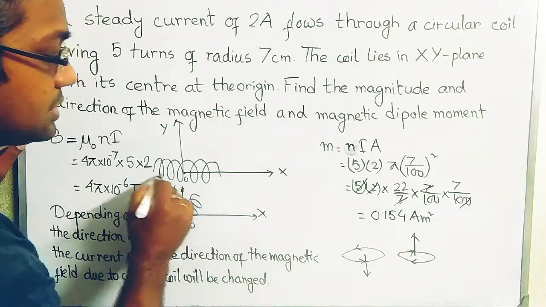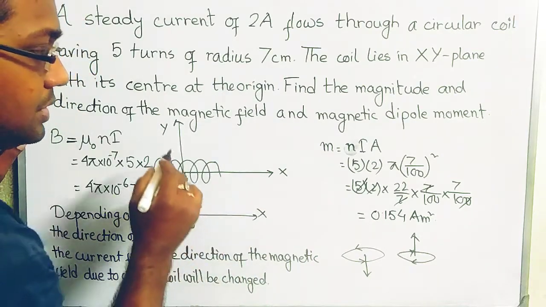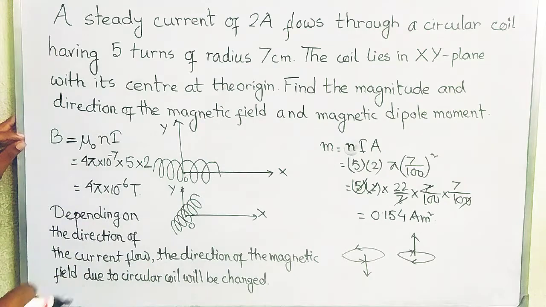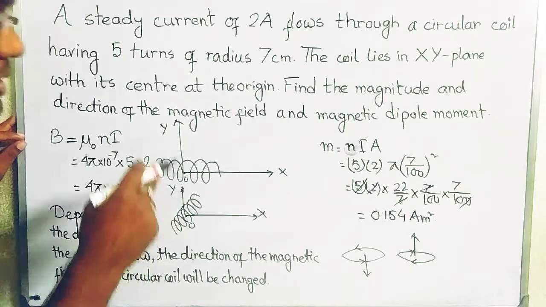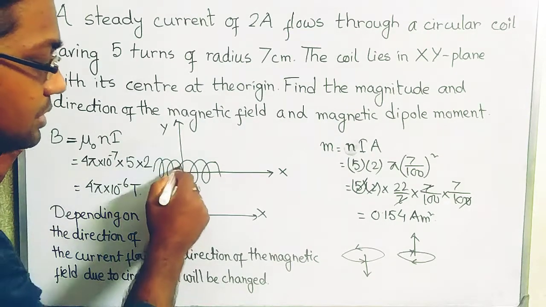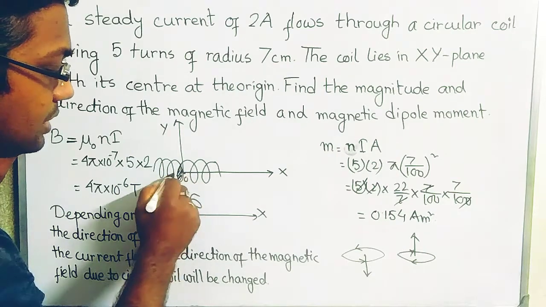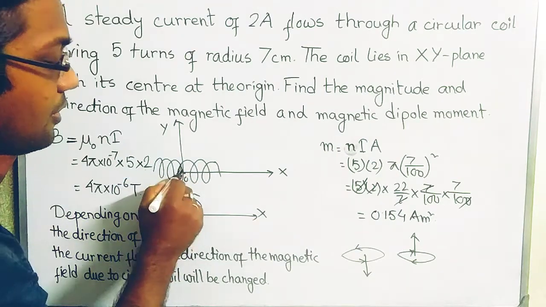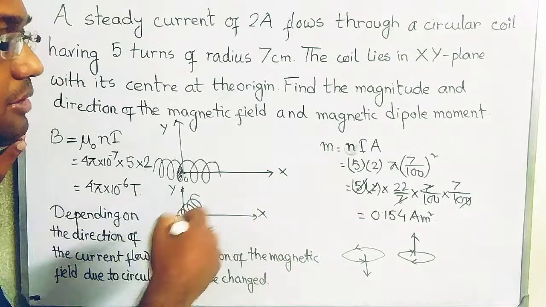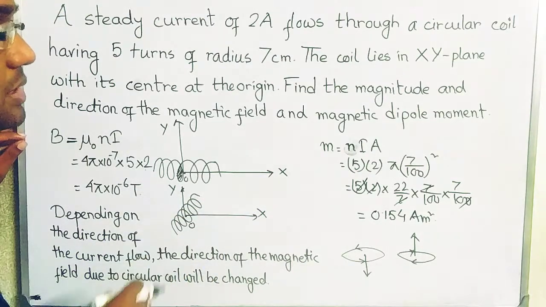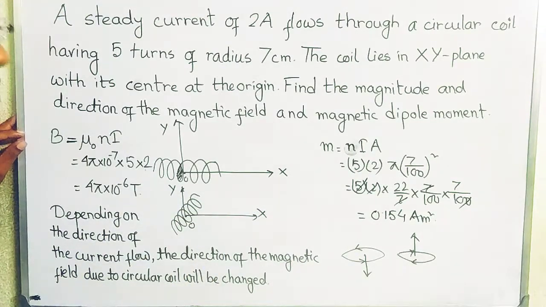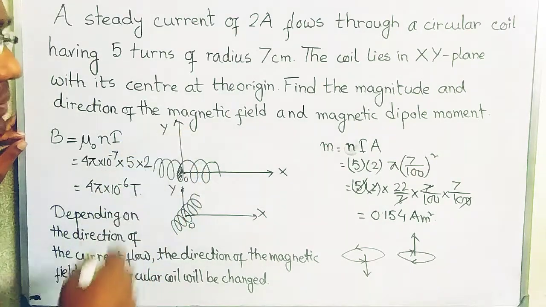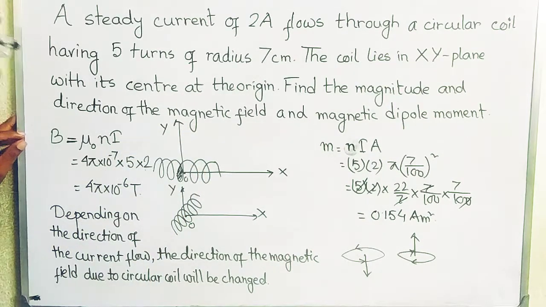So depending on the direction of the current flow here, the magnetic dipole moment's direction will change, but it is perpendicular to the plane of the coil, either in this direction or in this direction, depending on the direction of the current. Since the direction of the current flow is not specified here, we cannot say in which direction the magnetic dipole moment is directed. Thank you all of you.